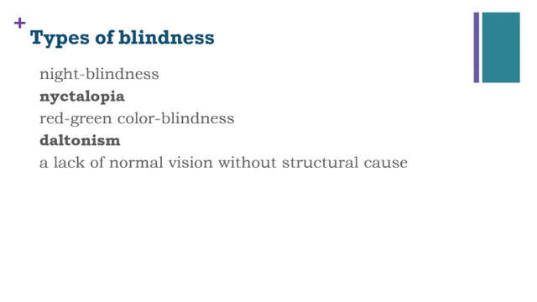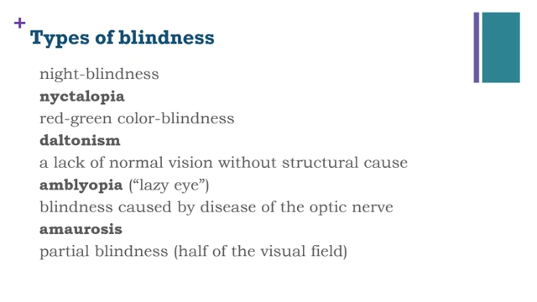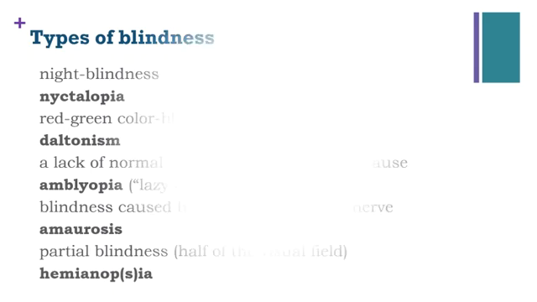A lack of normal vision without structural cause is called amblyopia or lazy eye. Blindness caused by disease of the optic nerve is called amaurosis. Partial blindness is called hemianopsia. Now we're going to review eye infections.